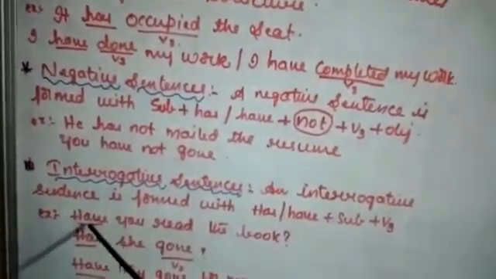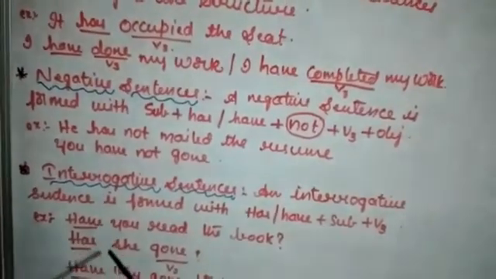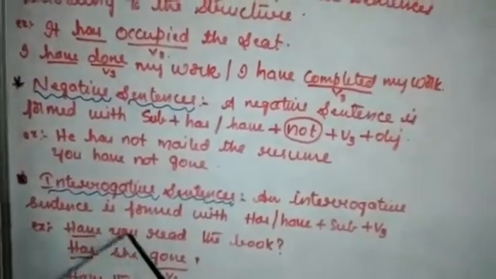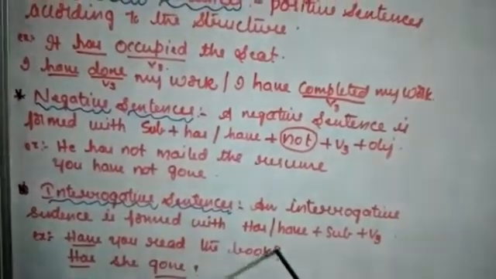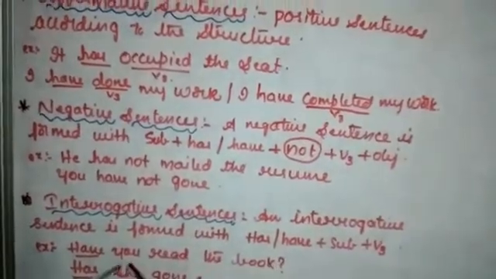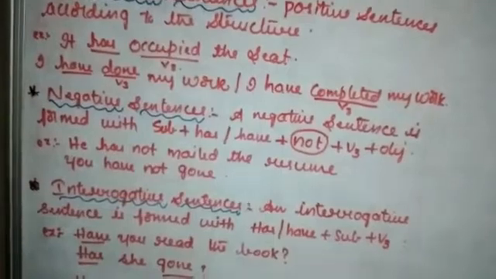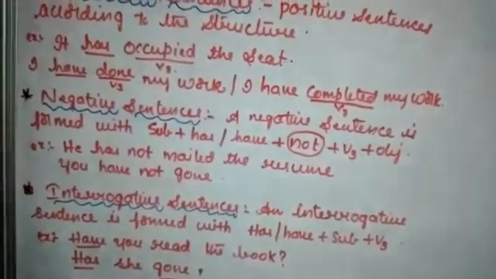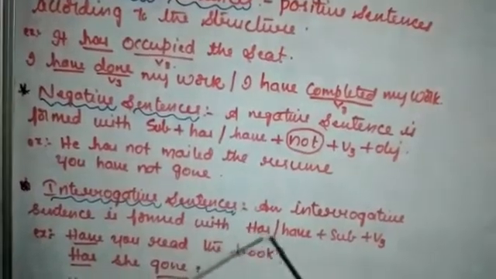So what are the helping verbs in present perfect tense? Has or have. These two helping verbs come at the beginning of the sentence, followed by the subject. For example, have you read the book? You have to remember the question mark at the end. Have you read the book? Has she gone? Have they gone for a movie? See V3. According to the structure, interrogatives in present perfect start with has or have.